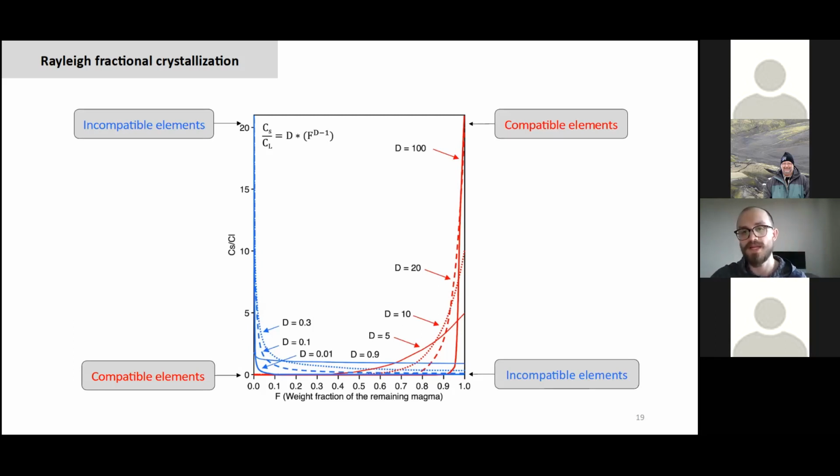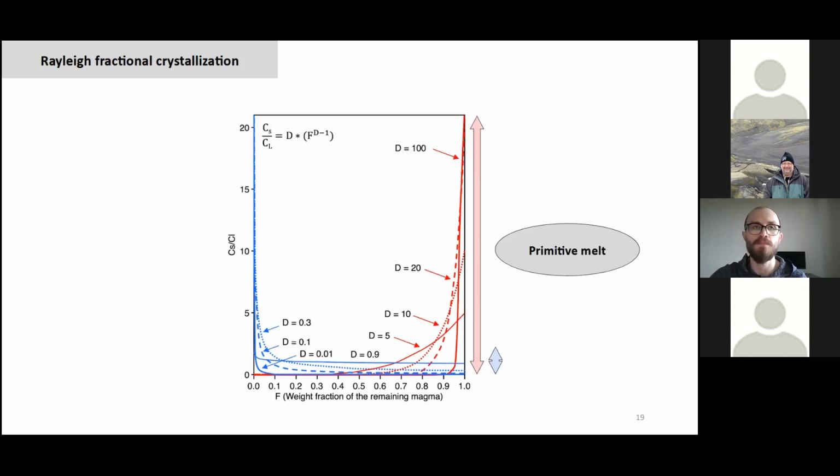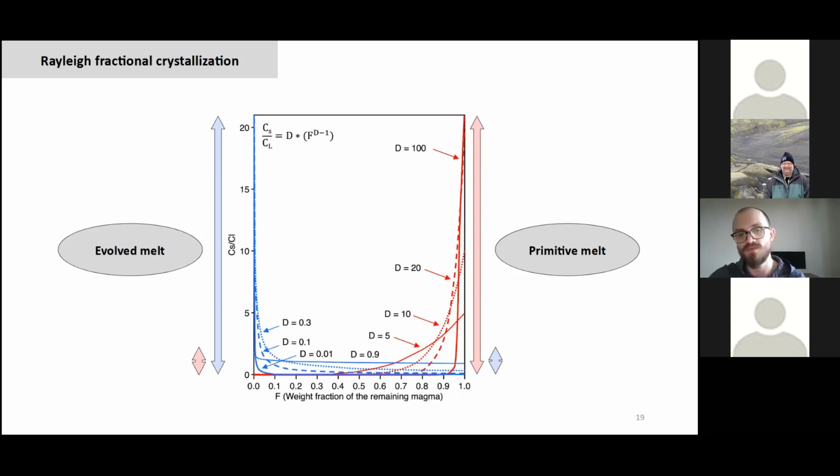Now, in terms of magmatic evolution, for more primitive melts, a small degree of fractionation will yield a very large change in the concentration of compatible elements, whereas the opposite is true again for evolved melts, where the greatest degree of variation will occur in the incompatible elements. So we're now going to use these fundamental geochemical features as a way to understand or characterize the genetic relationships between the different rock types and mineralized zones in the Eastern Gabbro.